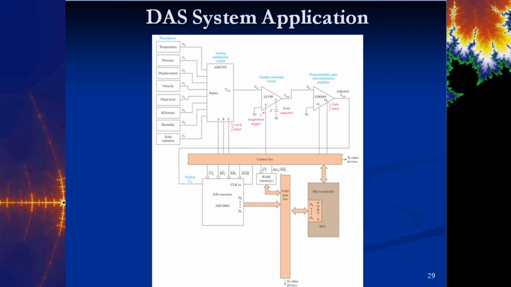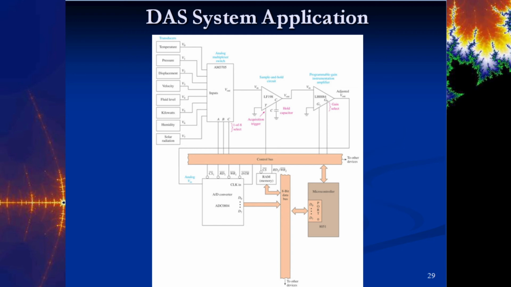So that's what a multiplexer is doing. It's selecting only one of these into the output, and that selector is based on these 3 input lines here, these select lines. Then that's sent to a sample and hold circuit, and then to a programmable gain instrumentation amplifier, and all of this is talking back and forth to the microcontroller.